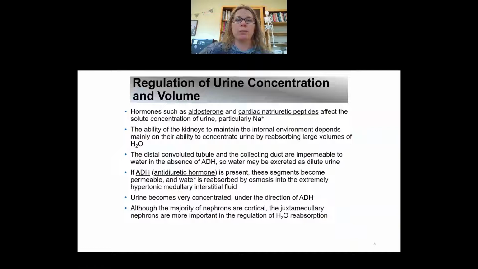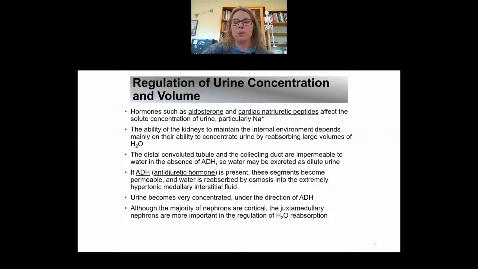So the body needs to regulate the concentration of the urine and how much volume of urine is being excreted at any one time. And that's going to vary day to day, depending on a lot of different situations. The way the body regulates how much volume is in the urine, and how concentrated or dilute that urine is, is through the control of some hormones.